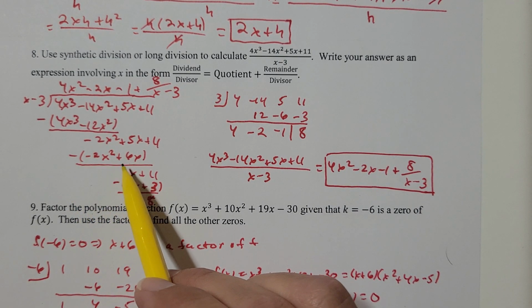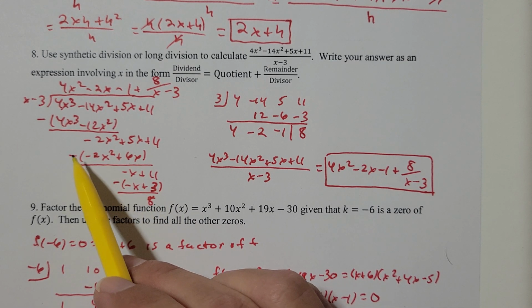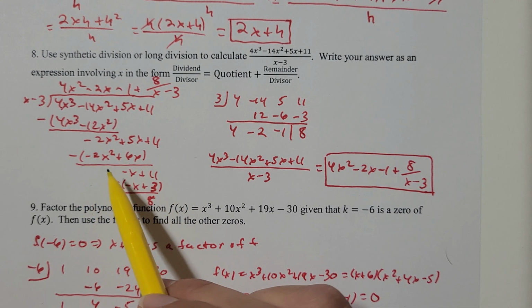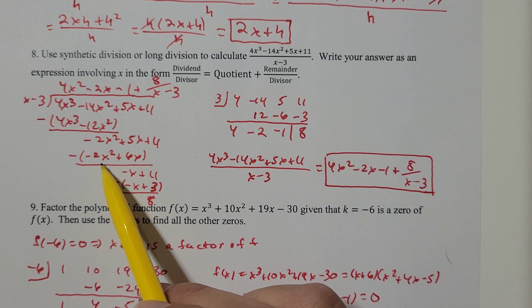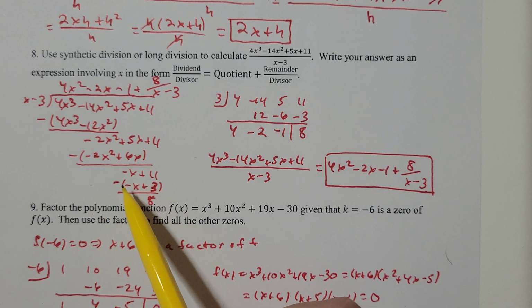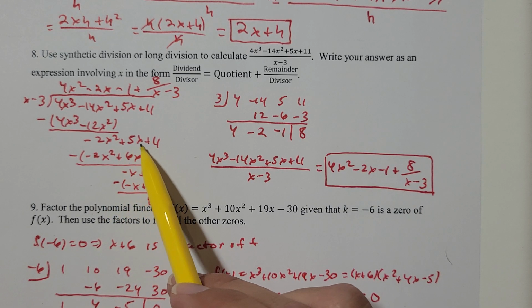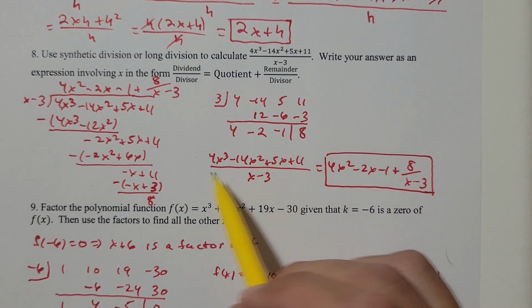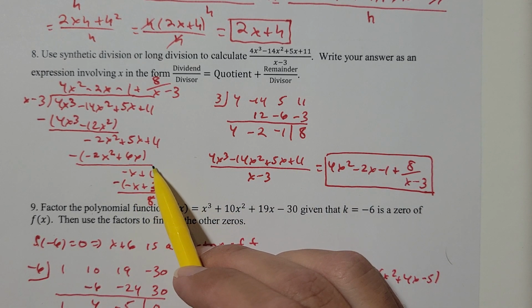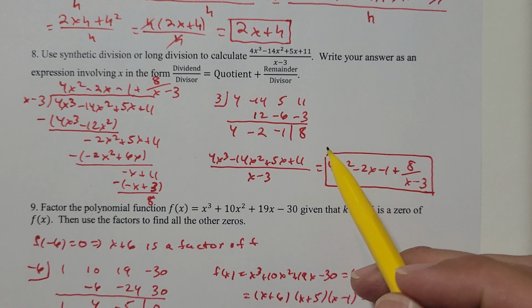So just switch all the signs, or what I do is I just throw a negative in front of the entire expression there. So I get negative 2x cubed plus 2x cubed, that's 0. Here's 5x minus 6x, that's negative x. And then 11 minus 0 is 11.